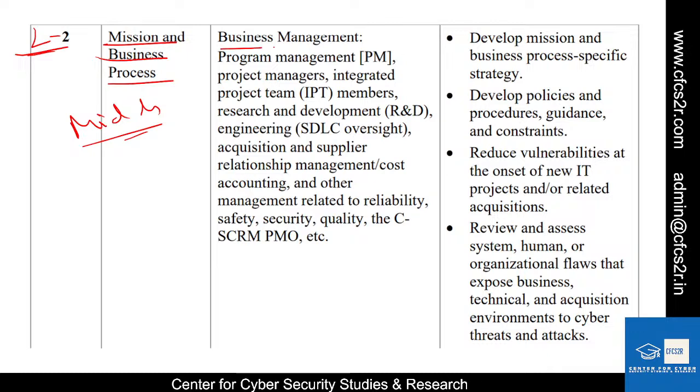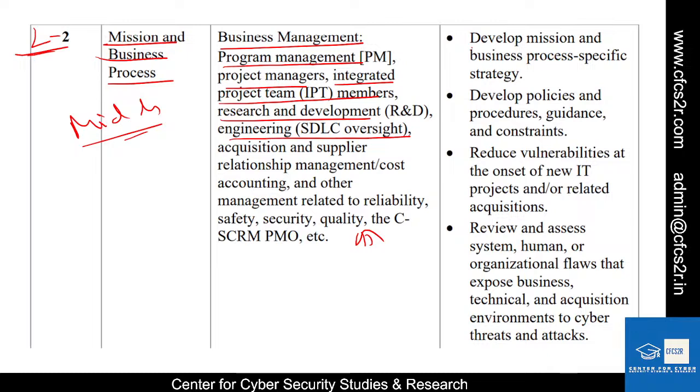So the people related to business management, program management, project managers, integrated project team members, R&D members, engineering, and software development lifecycle members. So all these SCRM people are part of this mission and business process level 2.